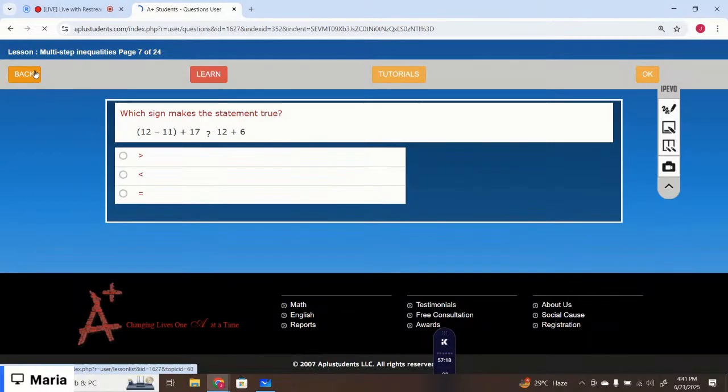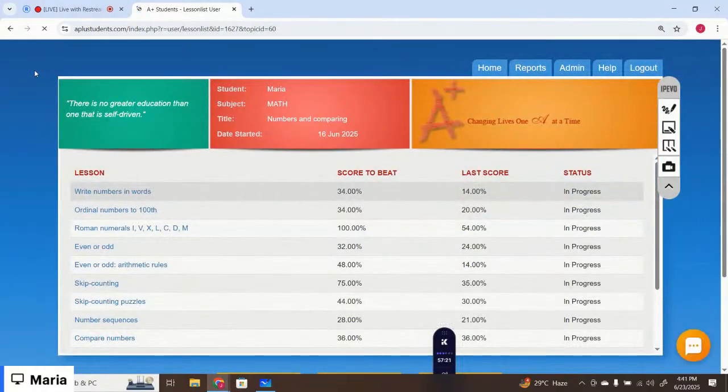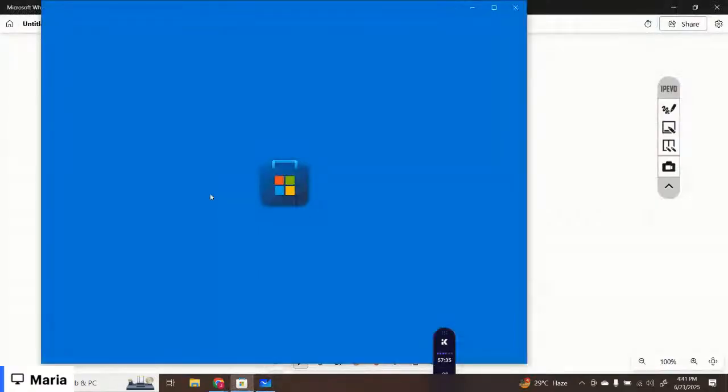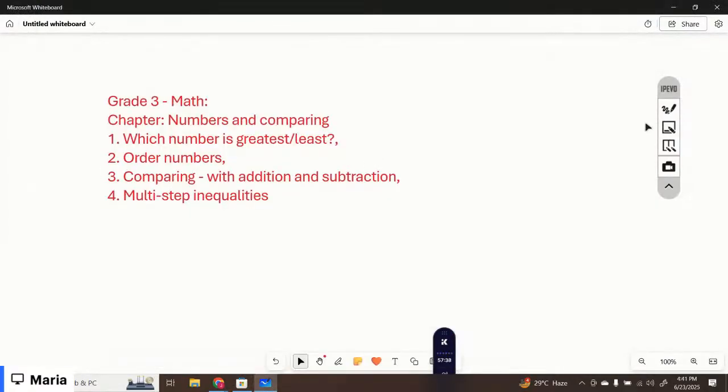The lessons we have covered today are ordering numbers from greatest to least, comparing with addition and subtraction, and multi-step inequalities. Please make sure that by the next session you complete all the practice questions for the lessons I did.